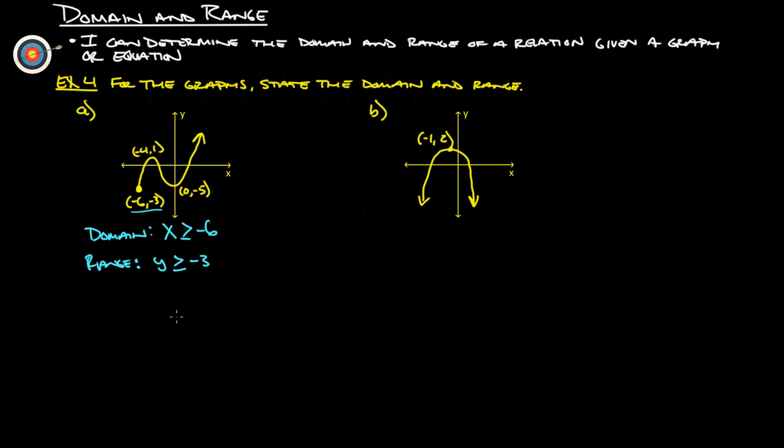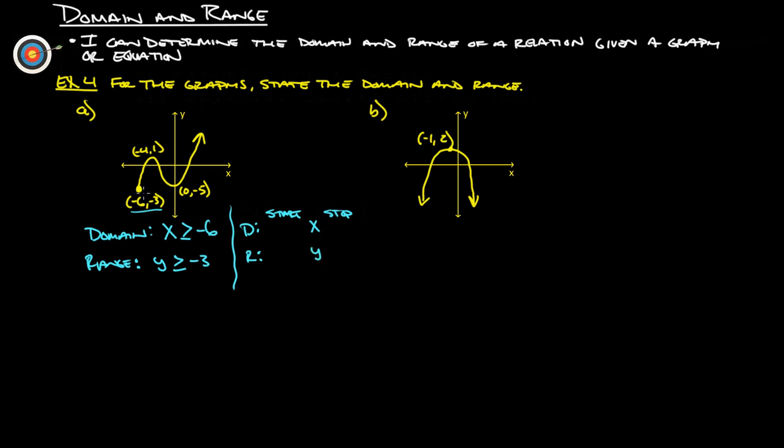Now there is another way to look at this, and it's really pretty similar, but I just do start and stop. For the domain, I'm always going to put the x in the middle, and for the range, I'll put the y in the middle of the start and the stop.